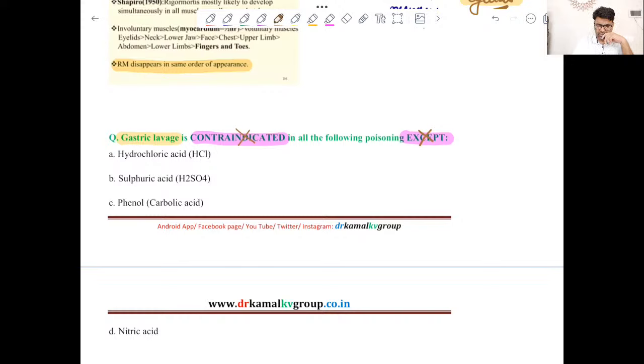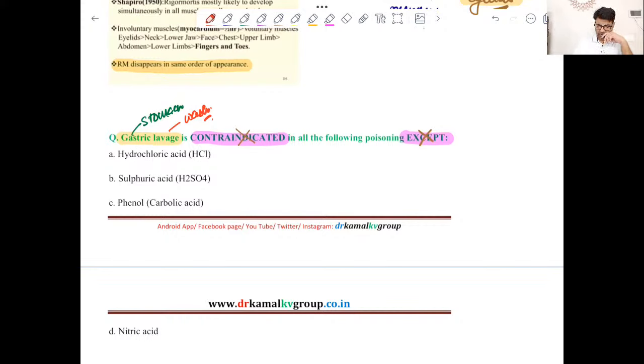Gastric is stomach and lavage you can say wash. So we just want to wash the stomach so that all the poison present within the stomach cavity is taken out, because if it stays in the stomach, then definitely it is going to be absorbed. So it's better we take it out as much as possible and as quickly as possible.